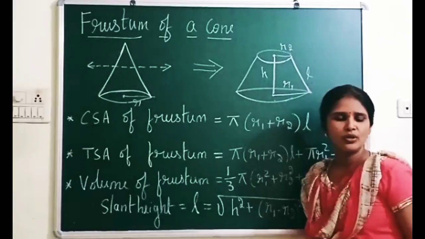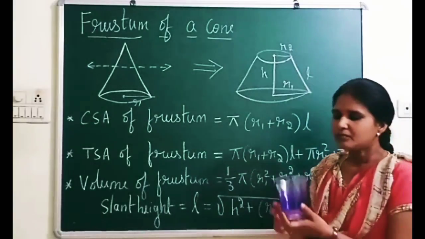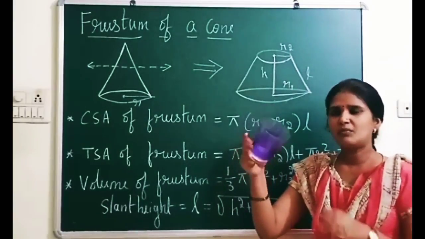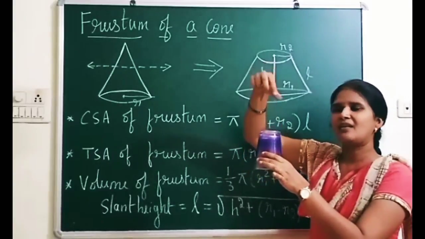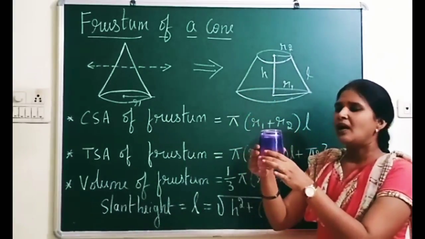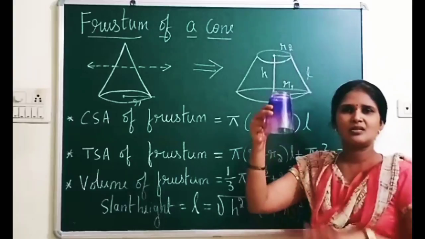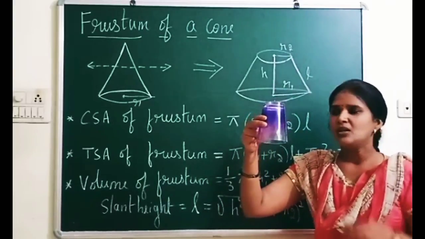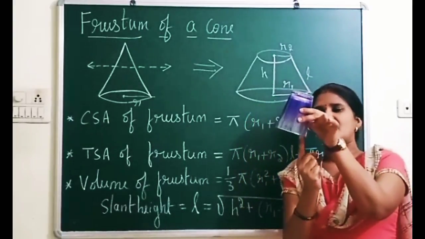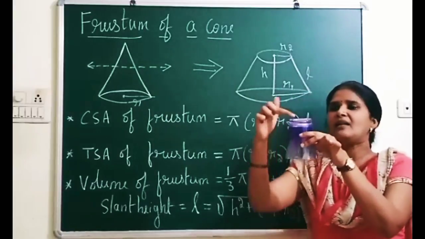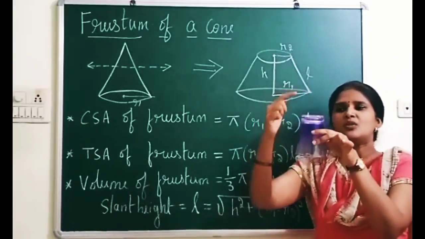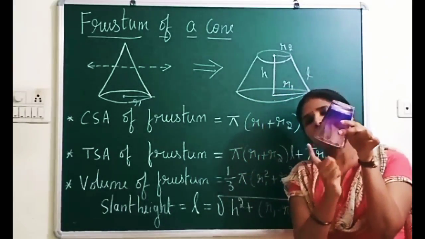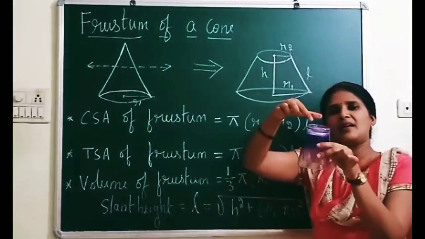Let me show you one model for this. You can see this is a frustum of a cone. If you imagine that a part of the cone is removed, the bottom part looks like this and is called a frustum of a cone. You can see that the base circumference is bigger and this circumference is small. So clearly the radius of this base is greater than the radius of this.